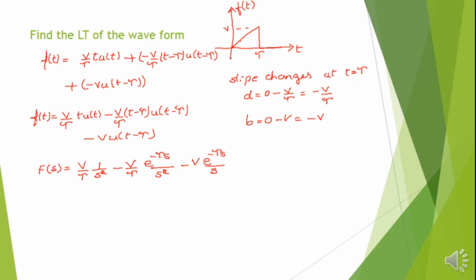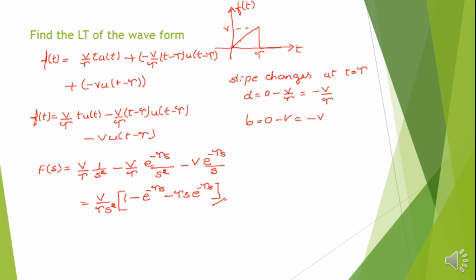So if I take V by tau s square outside, we get 1 minus e to the power minus tau s minus tau s e to the power minus tau s.